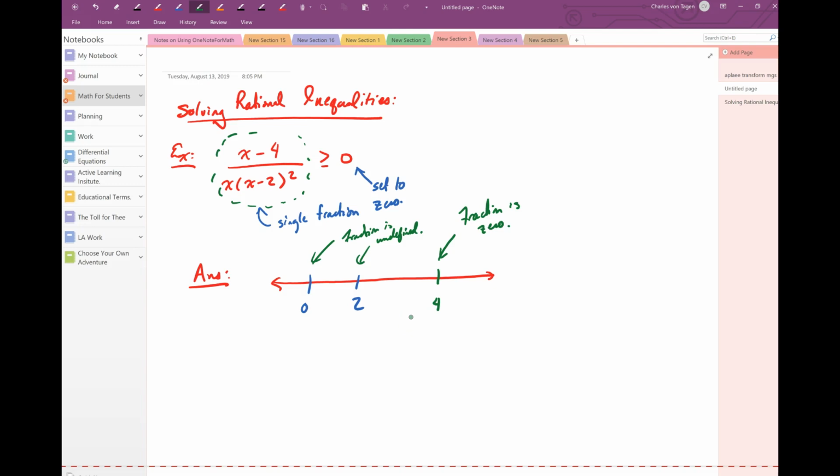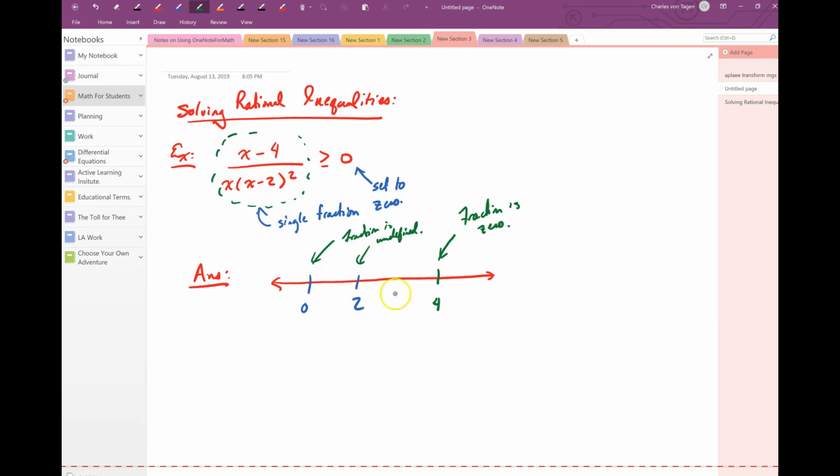So let me just give a quick word for what we've done. We've taken the number line, and in this case we've divided it up into 4 subintervals by these values here. And we know that the fraction on the left-hand side is going to behave the same way in terms of sign for any values within the subintervals.